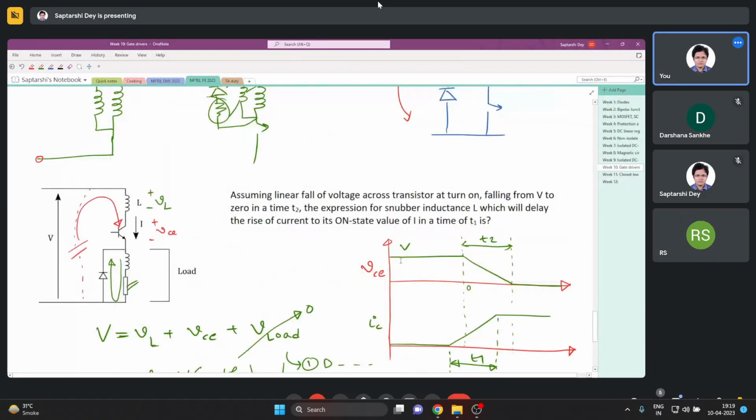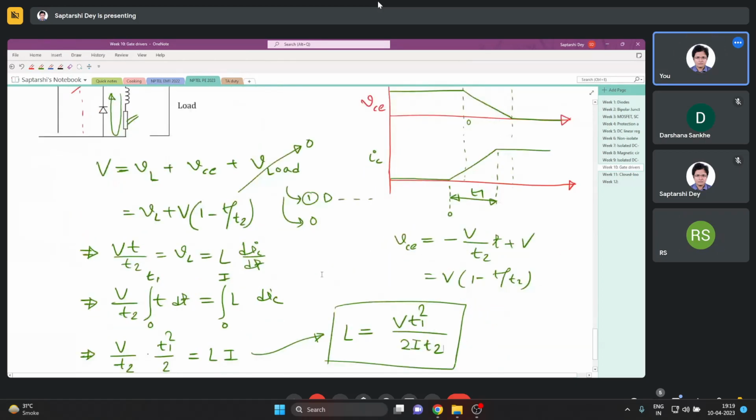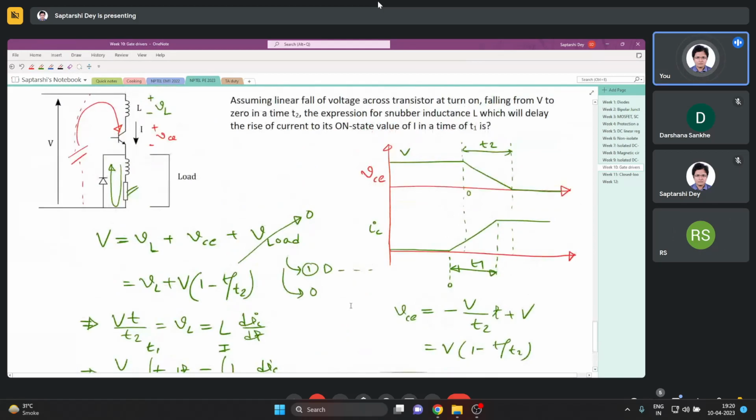Sir, but actually during turn on, when the current reaches the maximum value, then only the voltage will start to drop. Yes, but I do not think that will change anything here. No, okay, wait, let me make a statement like that.